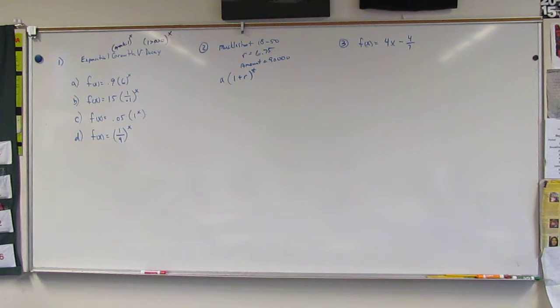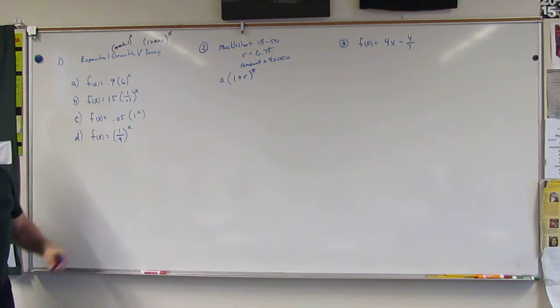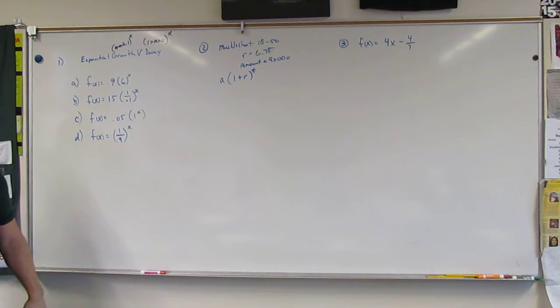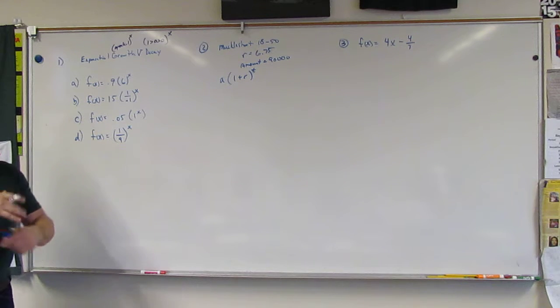And then it's raised to a power. So basically, it doesn't matter what's in front. It doesn't matter if we're multiplying it by 0.9 or 15 or 0.05. All that we care about is what we're raising to the x. If it's raised to the x, it's exponential, as long as the base is not a 1 or a 0 or a negative number.